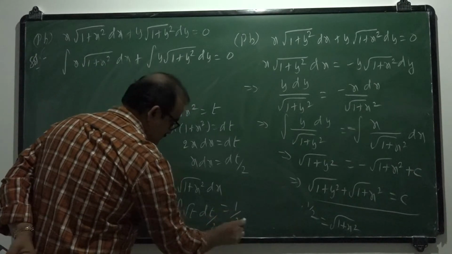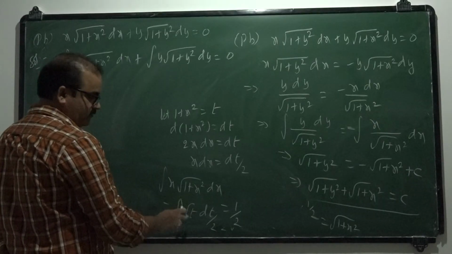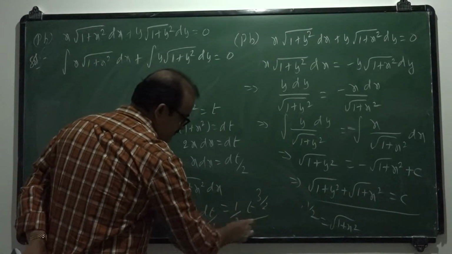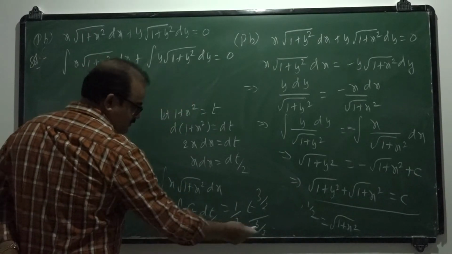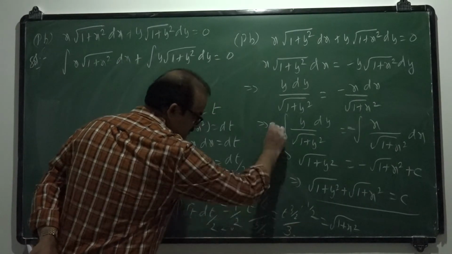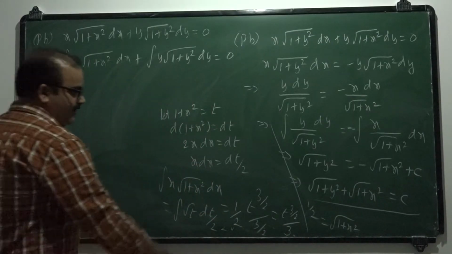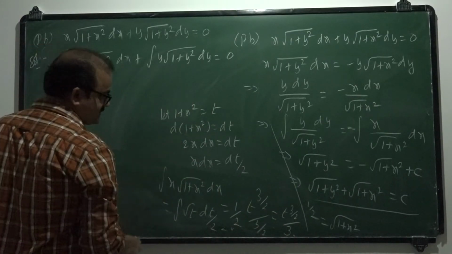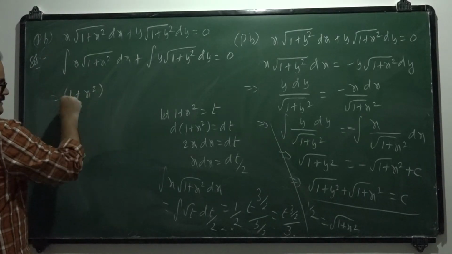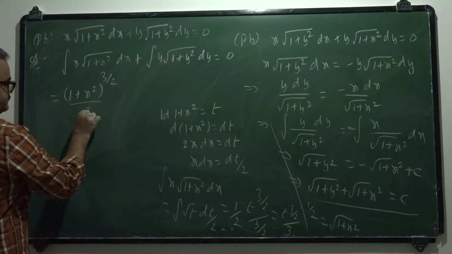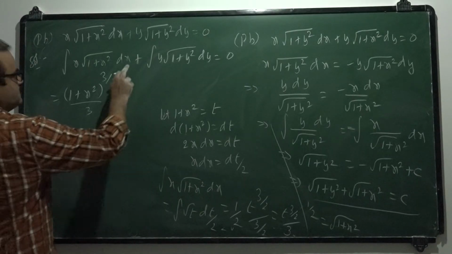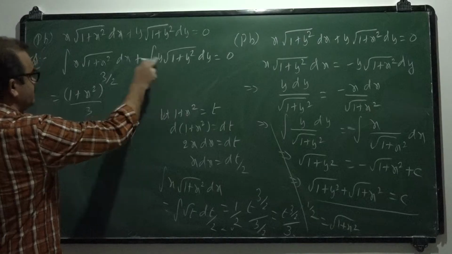This is 1 by 2 into integral t power 1 by 2. Integrate t to the power of 1 by 2 plus 1, 3 by 2 by 3 by 2. 2 cancel. So we have t power 3 by 2 by 3. But what is t value? 1 plus x square. So this integration value is 1 plus x square whole power 3 by 2 by 3. Next, this integration is the same.